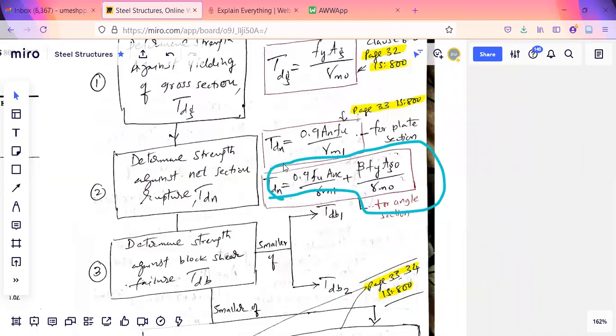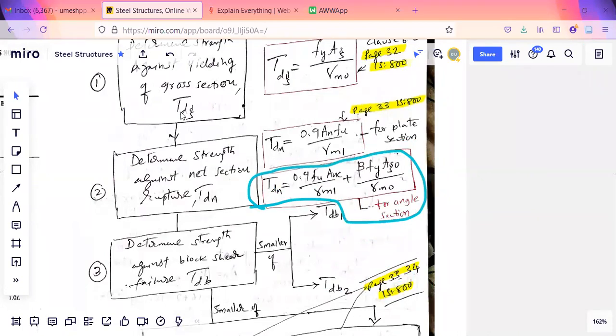See this. So I will be calculating TDG, design strength against yielding of cross section. Second, net section rupture, TDN, using this formula, the encircled formula inside this one. So this is how I'll show you today.